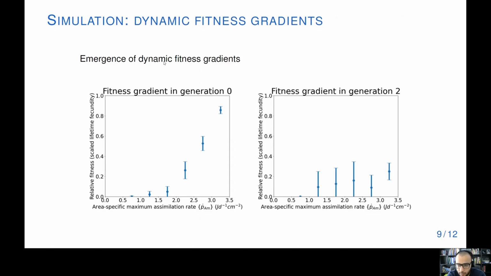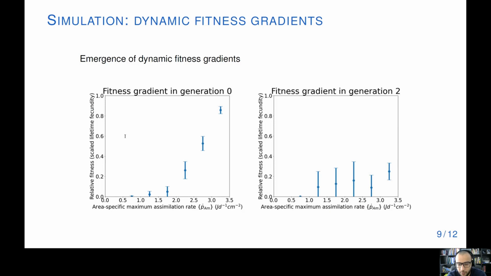Moreover, another interesting preliminary result showing up from these simulations is the emergence of fitness gradients that can change over time. Usually, eco-evolutionary models operate with an a priori assumed function describing fitness in relation to the trait of interest.